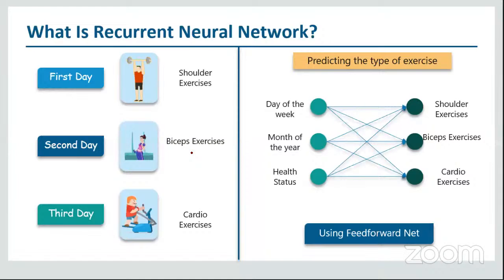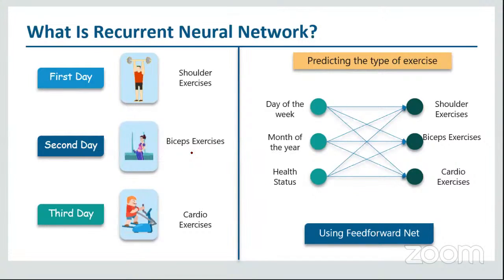So you have a problem in this scenario, where if you try to do it by day of the week, you possibly end up doing things which are very irrelevant. So it could be you were asked to do a shoulder exercise, you might end up doing bicep. You were asked to do a bicep, you might end up doing a shoulder, or vice versa. That permutation combination can keep existing.